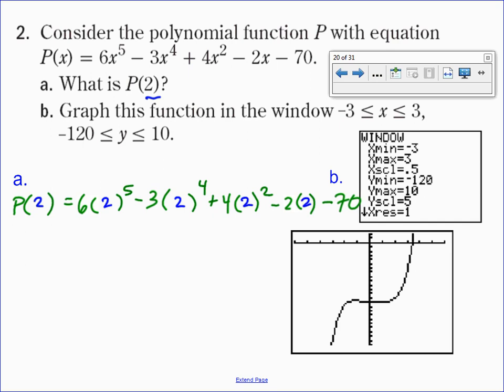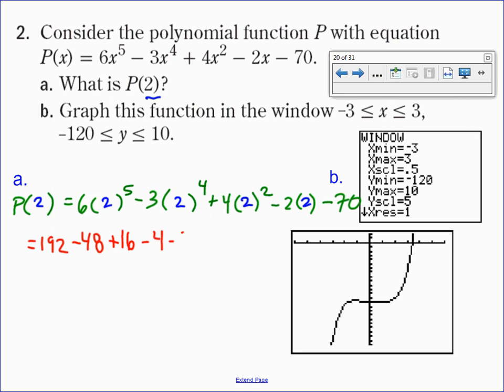All right, let's go ahead and work it out. So it looks to me like 2 to the 5th is 32. 32 times 6 is 192. Am I doing it? 2 to the 4th is 16 times 3 is 48, so minus 48. 2 squared is 4 times the 4 out front is 16.